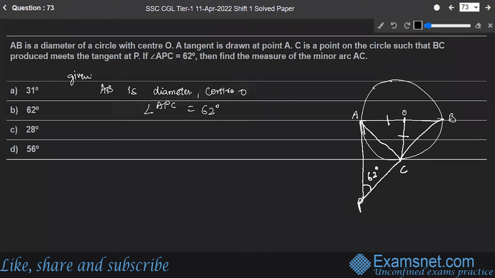See, these two lines are equal. Rather, this is also equal. Why? They are all the radius of the circle, right? So the concepts we'll be using here. First, the radius of a circle is always perpendicular to the tangent line.